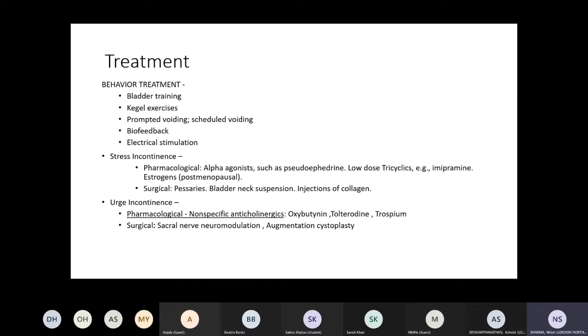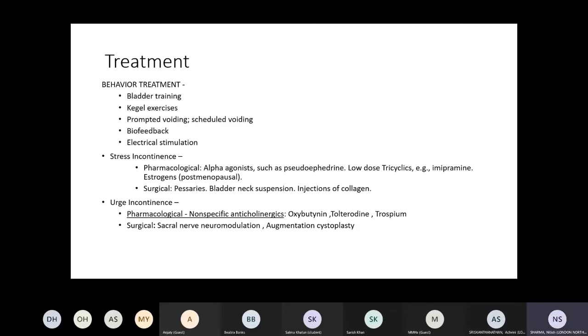Pharmacological treatments would be alpha agonists such as pseudoephedrine and tricyclics for stress incontinence especially. And there are definitely surgical procedures.